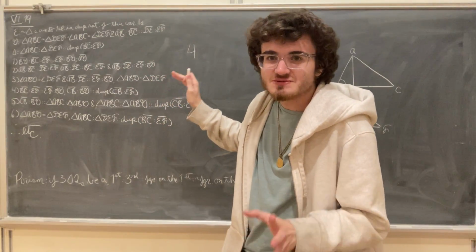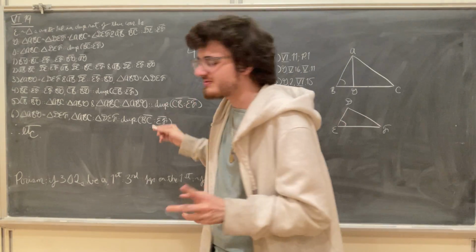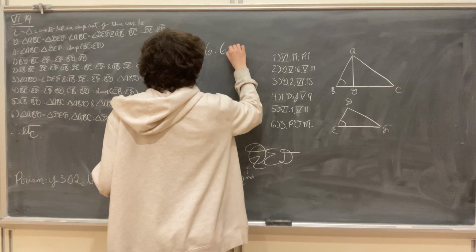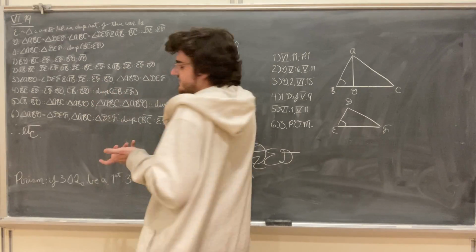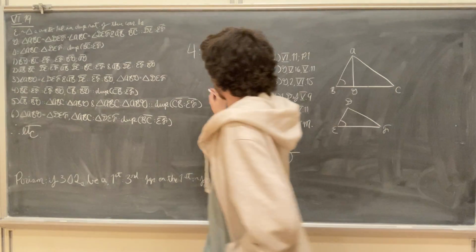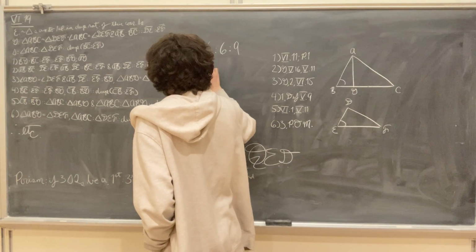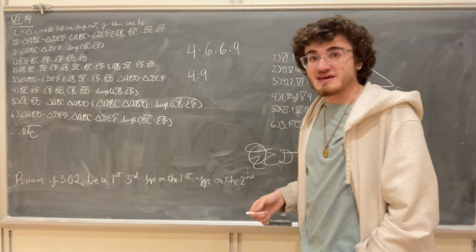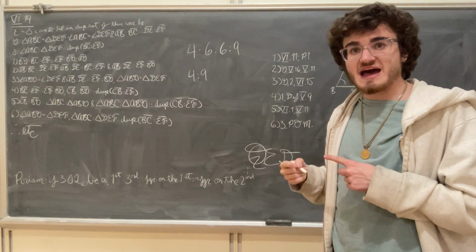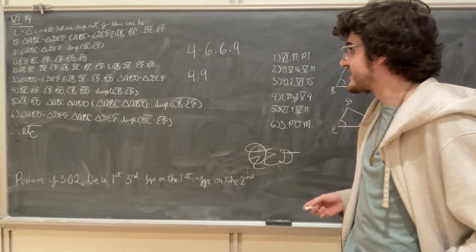Numbers aren't magnitudes, but work with me for a little bit. We know that 4 is to 6, just as 6 is to 9, right? And the ratio is obviously 2 to 3, right? 4 is to 6, just as 2 is to 3. And so we would say that 4 to 9 is the duplicate of the ratio 4 to 6, or in other words, that 4 is to 9 in duplicate ratio that 2 is to 3.